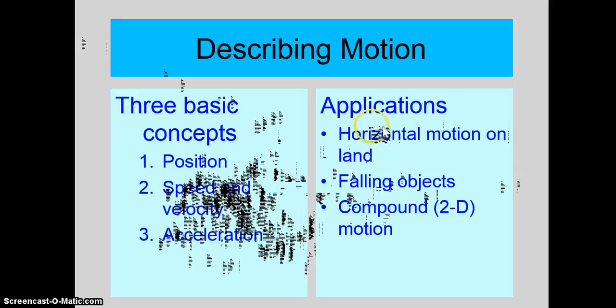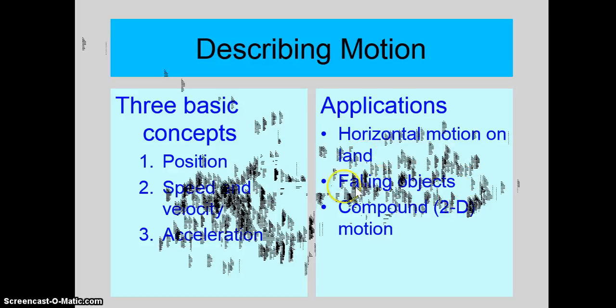We're going to look at horizontal motion, like a ball rolling on a flat table, and objects that are falling or rising. If you throw an object straight up, it undergoes what we call free fall, and so even though it's rising, that object is considered a falling object, or at least the equations that describe it work just as well whether the object's going up or coming down.